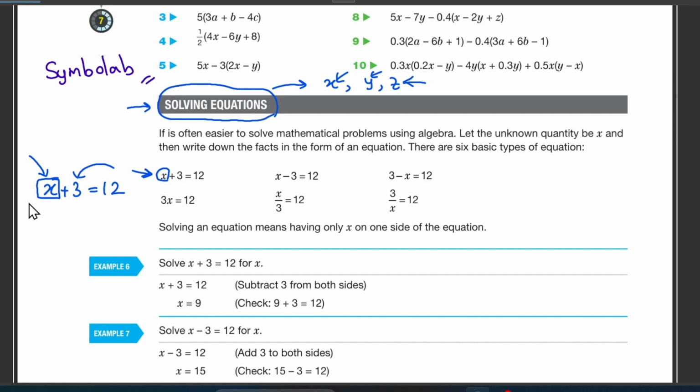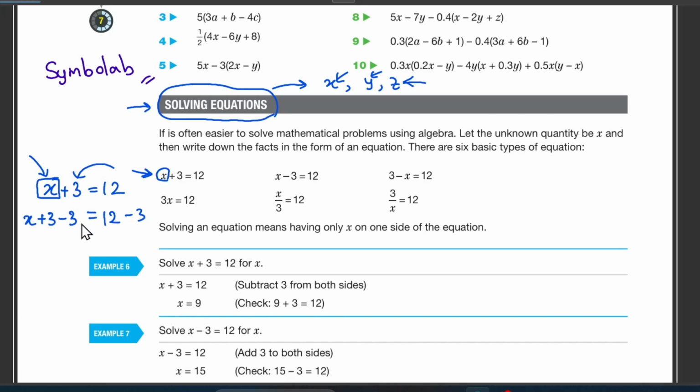To do that, what we can do is subtract 3 from both sides. If we do the same operation to both sides, it won't affect the equation, because we can always cancel those two. So you see, if we cancel those two, then we haven't changed the equation.